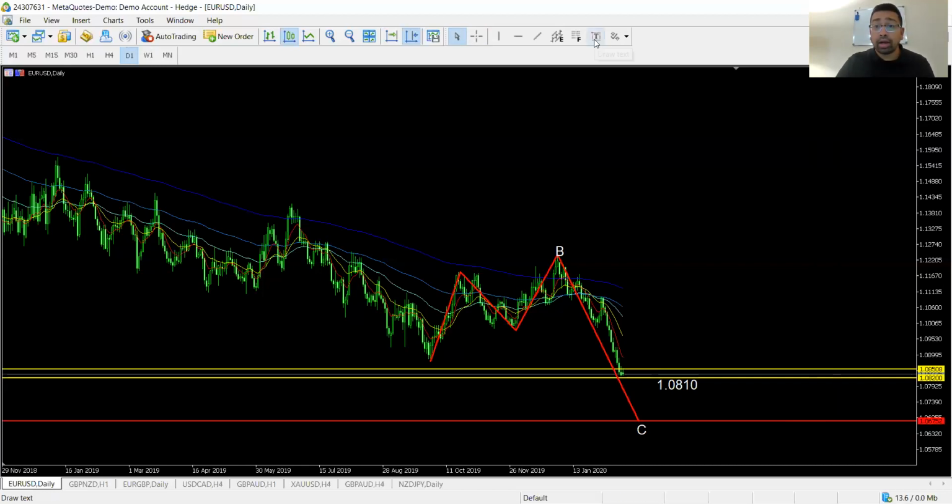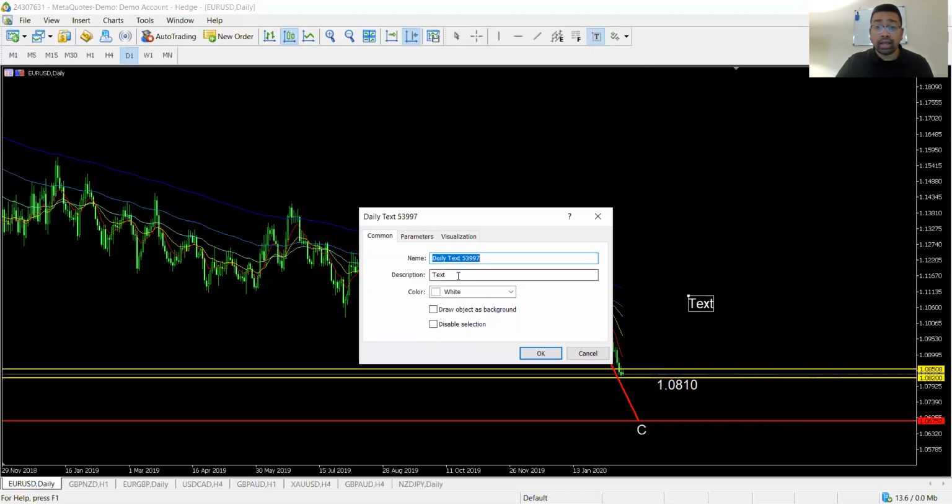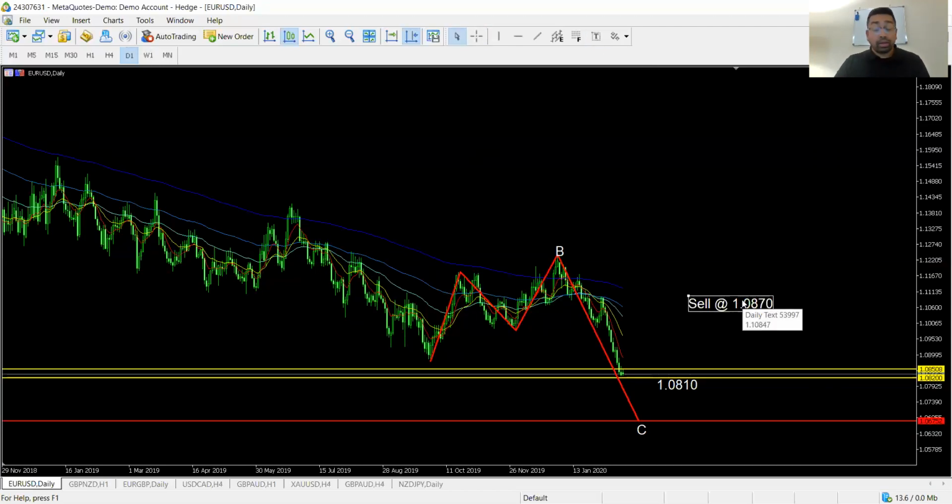A selling price of your sell entry there is sell at 1.0870. Okay, I want to take this a lot into consideration when we come into the psychological level. So if I want to sell, I would sell under the psychological level at least by 10 pips.